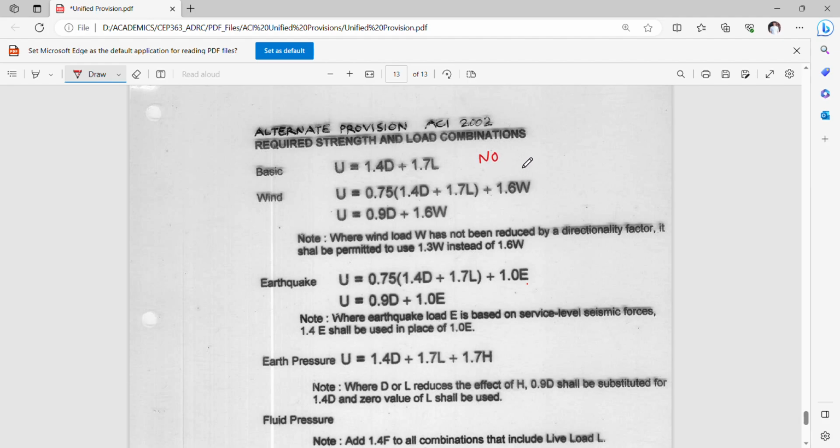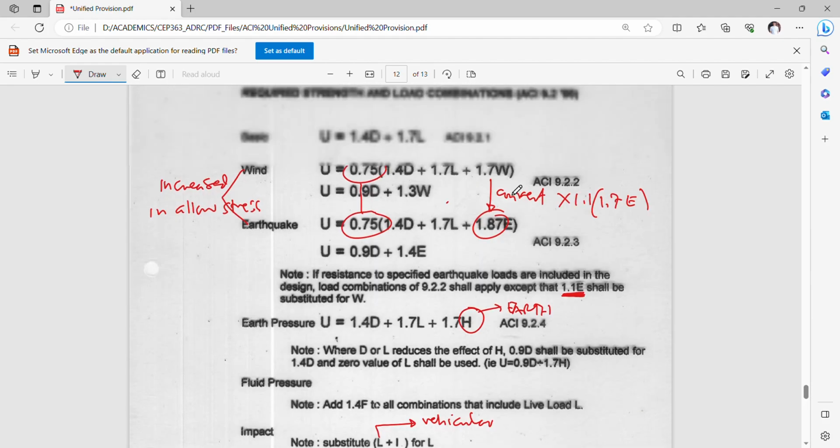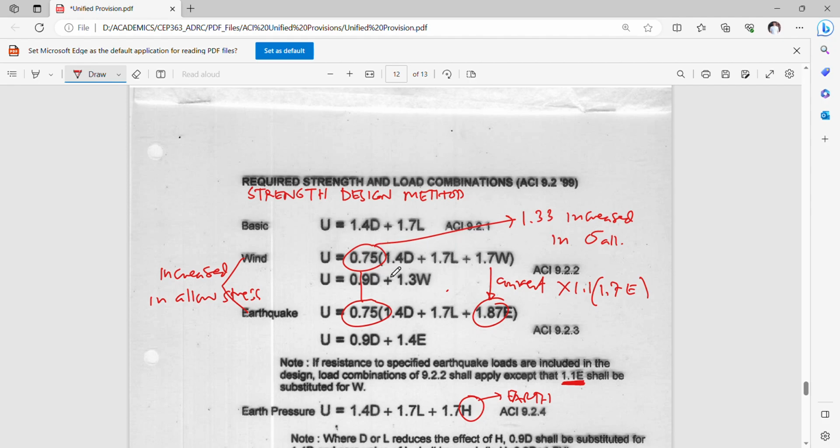Okay, no adjustment. But in terms of wind, notice that the 0.75 was not included here in wind.